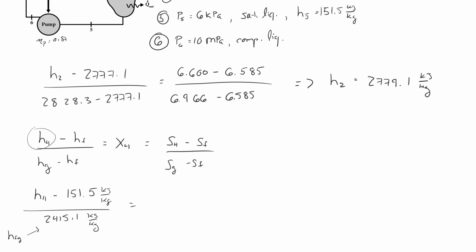If the pump were ideal, as we've seen in past examples and lectures, H6S minus H5, the change in enthalpy through the pump, is equal to V5 times (P6 minus P5). So H6S is equal to H5 plus V dP.